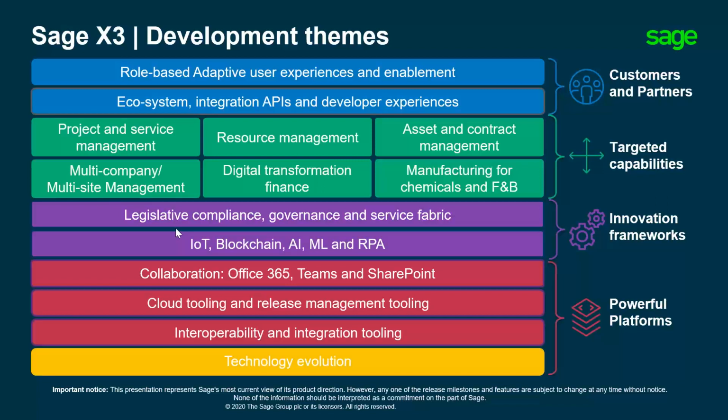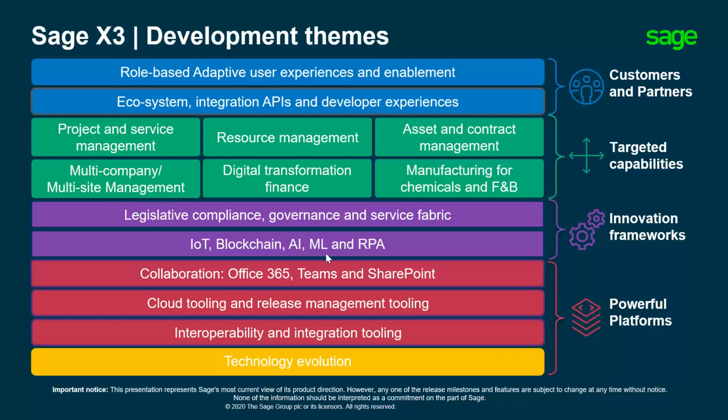Okay, and then the third layer is about innovation frameworks. Actually, to be able to get X3 ready and open to connect with third-party software, such as IoT solutions or blockchain, or even to be able to bring machine learning in X3 in the future, we are working on the innovation framework behind the scenes.